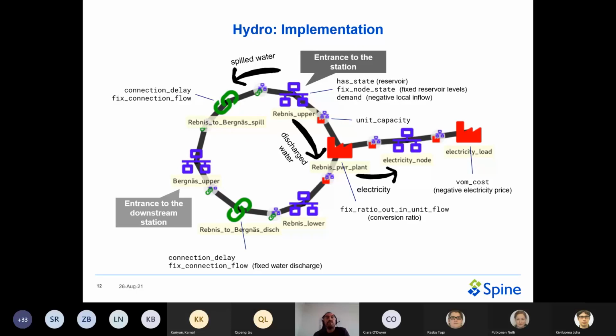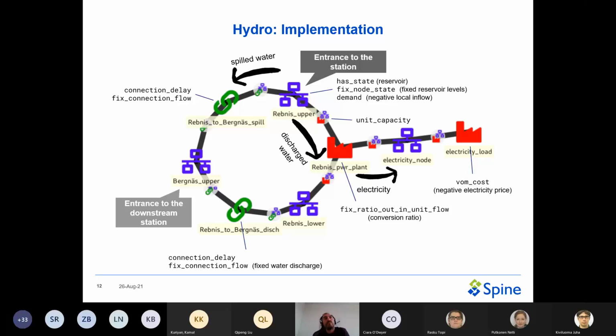So once we have this structure, all we need to do to use SpineOpt basically is to specify some parameters to describe how this is supposed to operate. And these are all the parameters that we need to specify for this system.